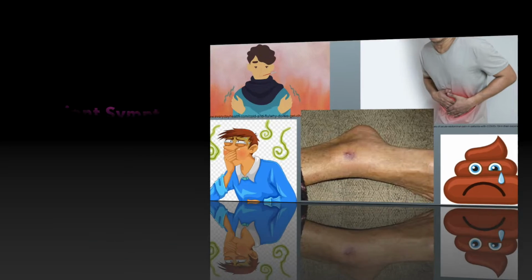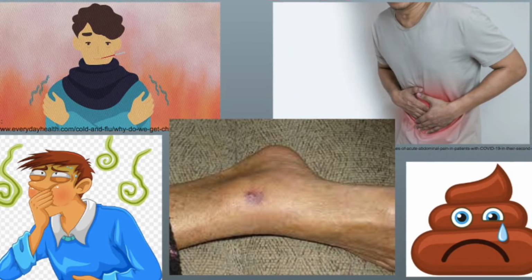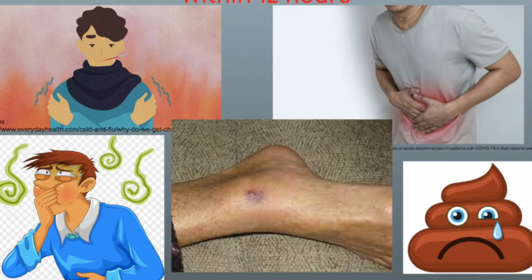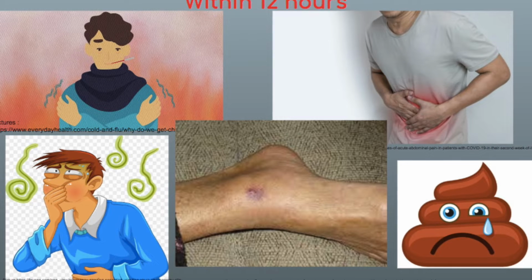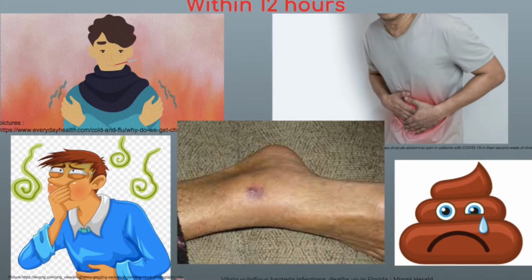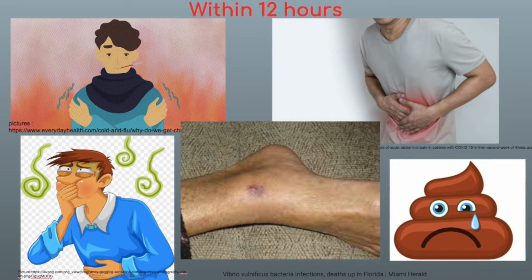We will now be going into the patient's symptoms. Within 12 hours of going to the beach, he began developing the following symptoms: watery diarrhea, abdominal cramping, nausea, vomiting, fever, chills, and what appeared to be a skin infection from an open wound.